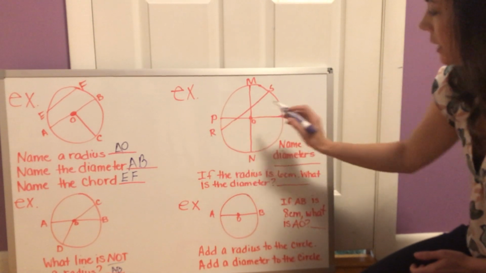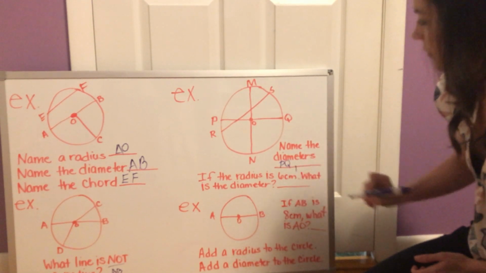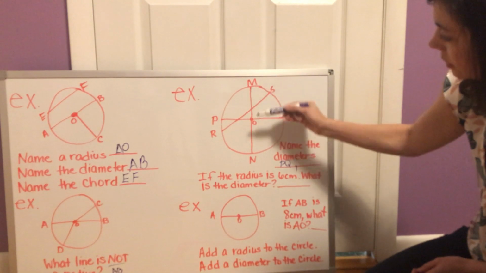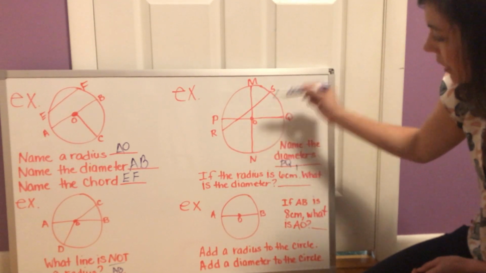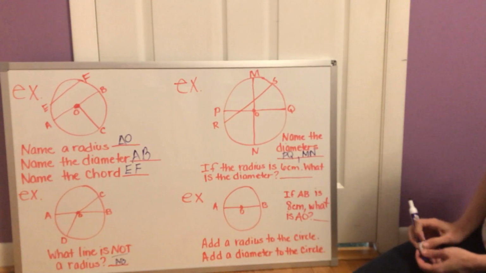But if you guessed PQ as one, great job. The next one is MN because it goes from one to the other and it goes through that center all the way across. MN. So if you got both those right, that's fantastic.